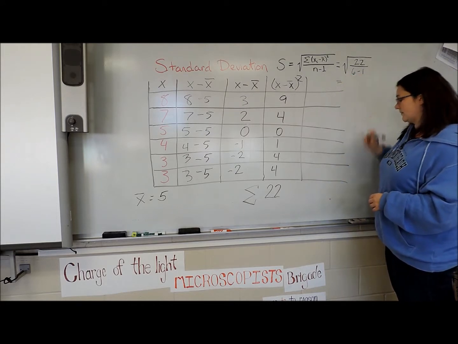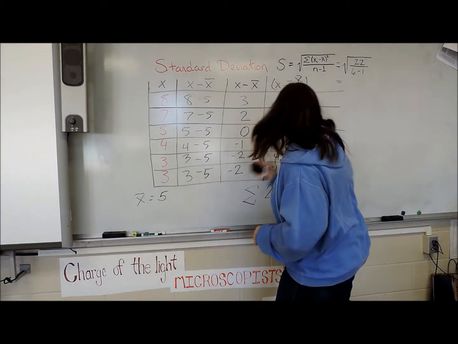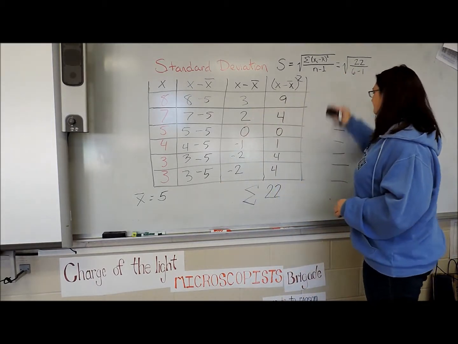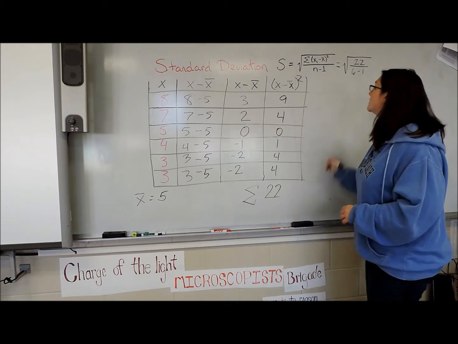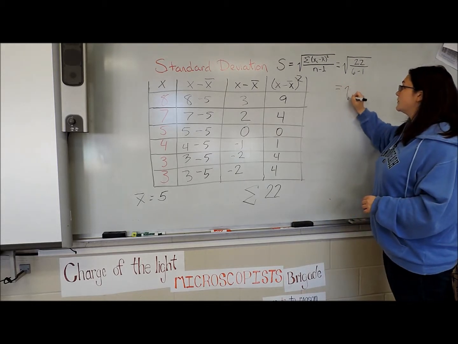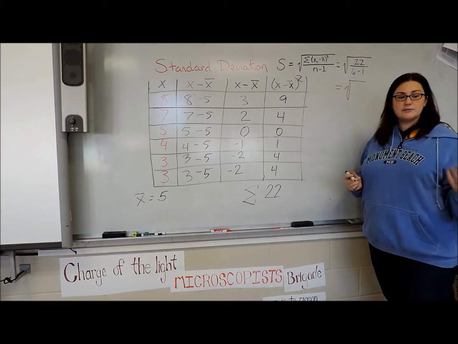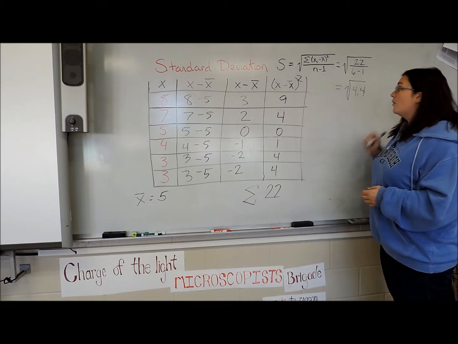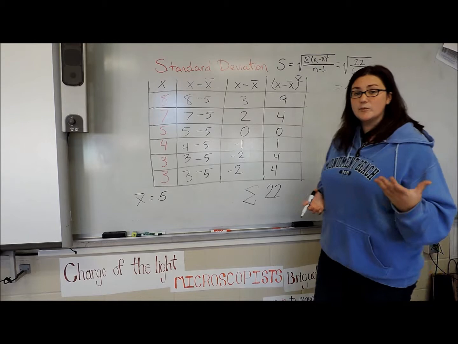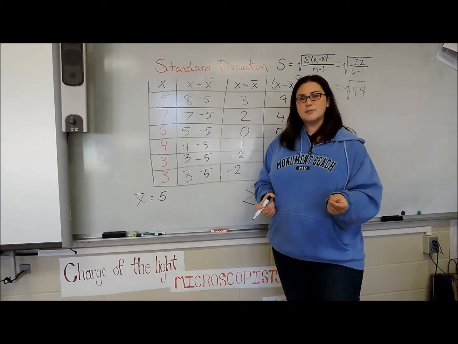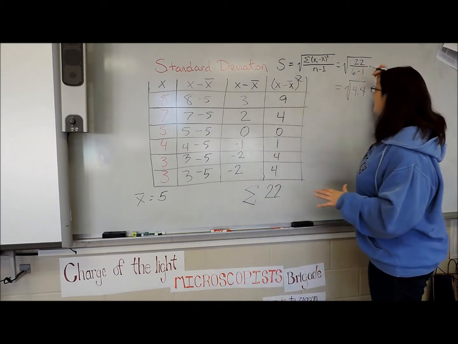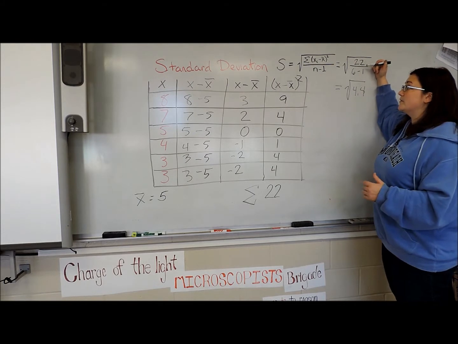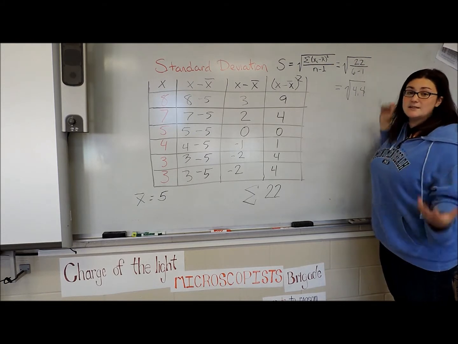So if I give myself a little more space over here, the square root of 22 divided by 5 is actually the square root of 4.4. One of the things to be careful of, and one of the stupid errors that sometimes gets people, is jumping the gun and taking the square root of part of this instead of the whole thing.